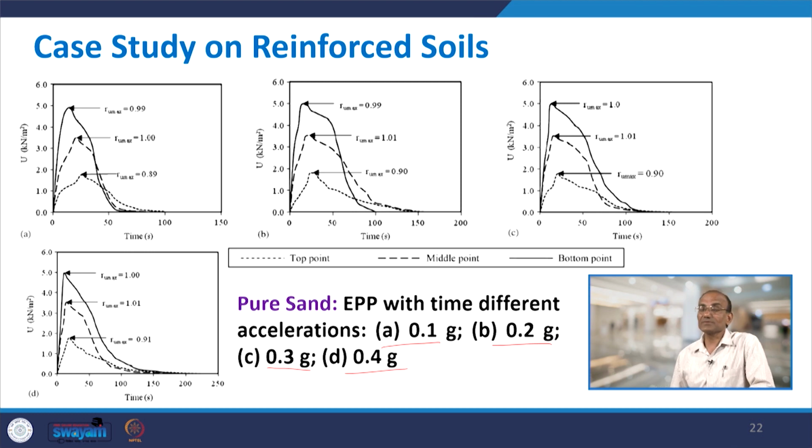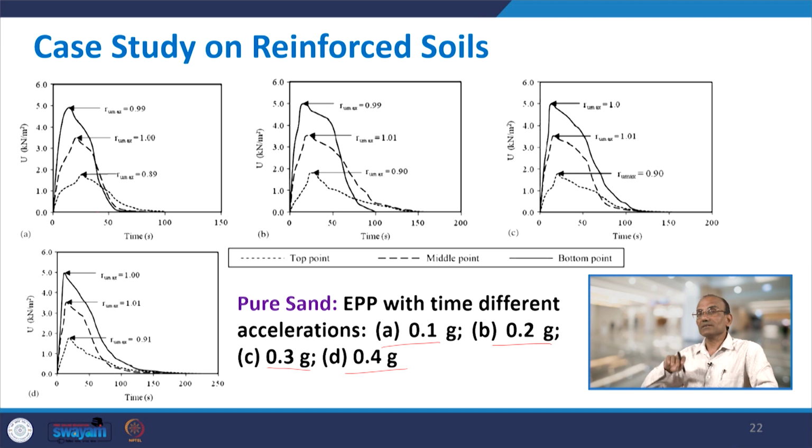And in this case you see the pore water pressure versus time. In all the results, the pore water pressure reaches a peak value during shaking. Your shaking is only for 40 seconds, so 40 seconds will be somewhere here, and after 40 seconds you stop the shaking.